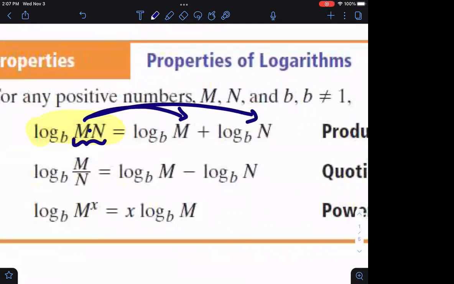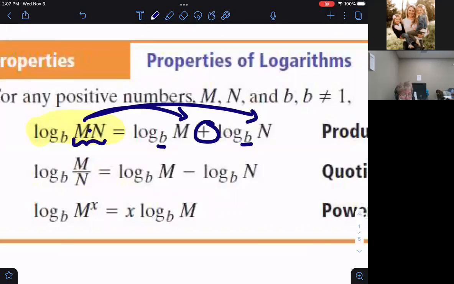Keep in mind that the base has stayed the same. So log base b and log base b, we've just duplicated. And then there's addition in the middle. So we've separated the two terms that were being multiplied into two separate logarithms using addition in between them.